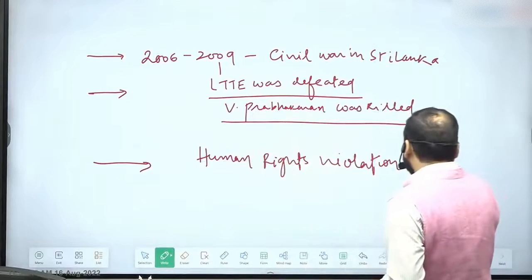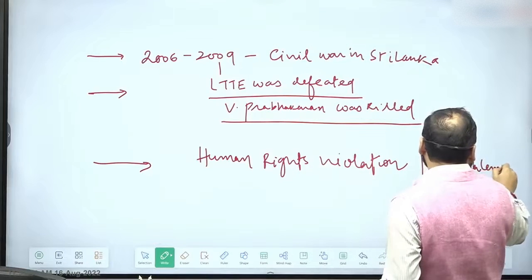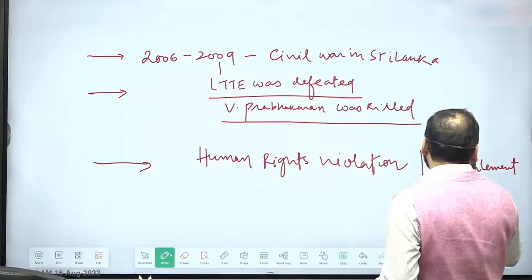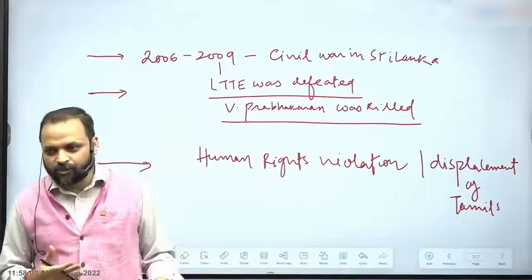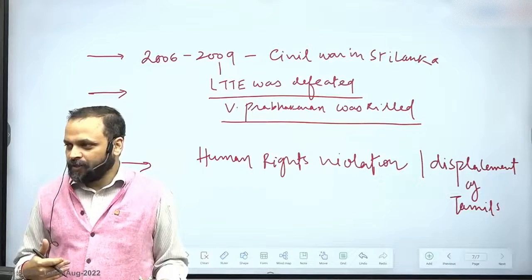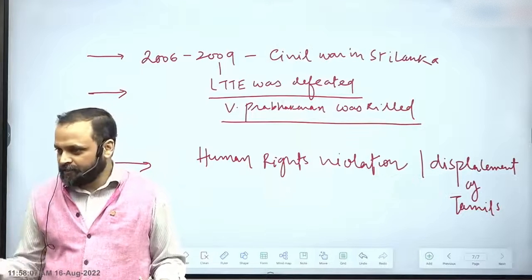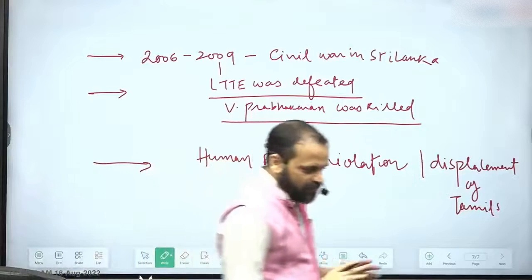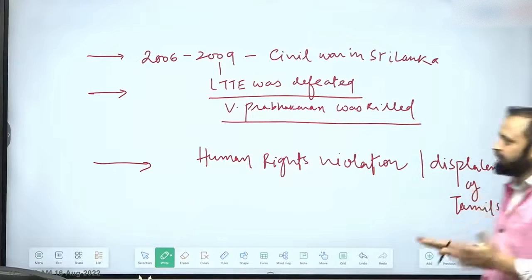So that also meant there was large scale displacement of Tamil people from northern and eastern parts of Sri Lanka. This became an international issue. This also became a domestic issue. So, as India had faced the choice of intervening and resolving the issue in Sri Lanka earlier, now India was faced with responding to what is happening.